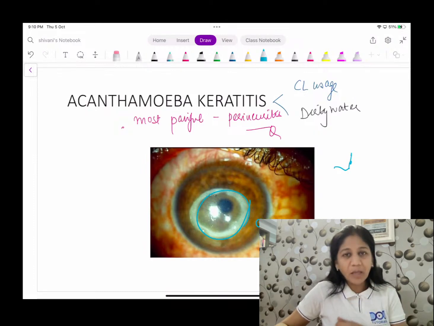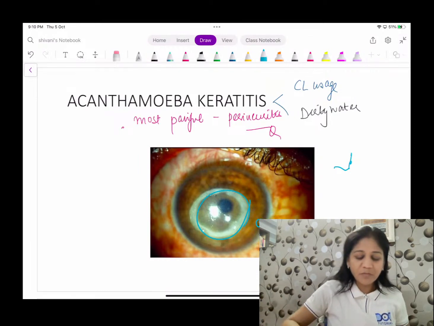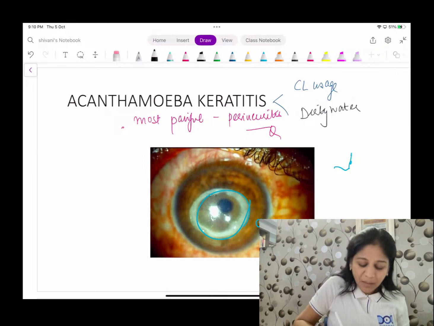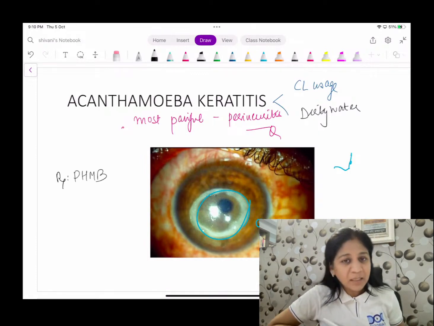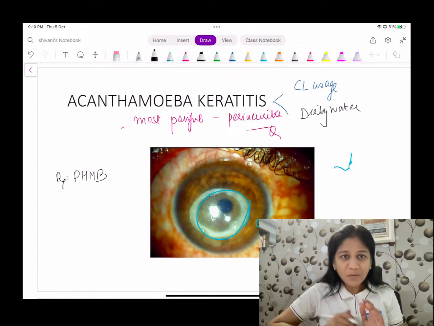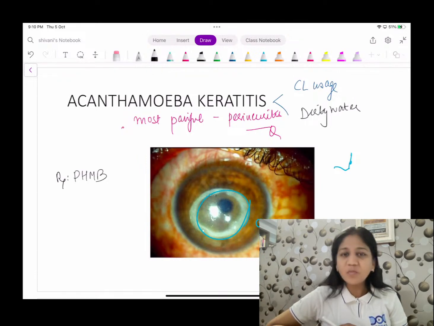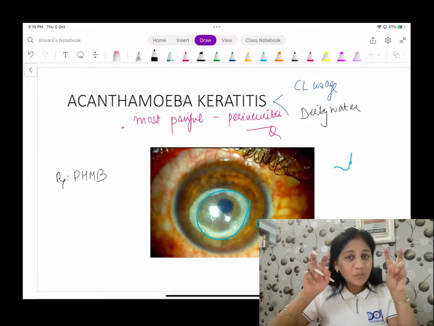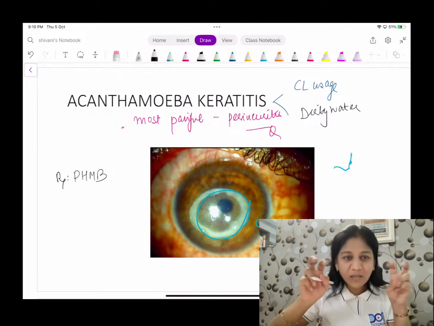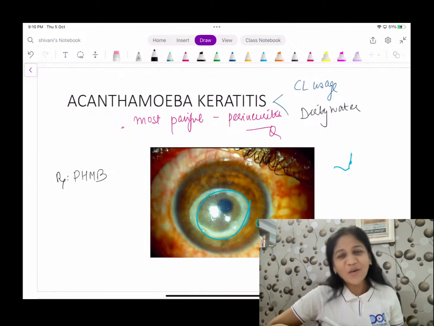That's why it's difficult to diagnose. Okay, next important thing is that the treatment is also different. Treatment is by PHMB. What is PHMB? Polyhexamethylene biguanide. So remember this much about Acanthamoeba ulcer. This is another very important topic. Most painful ulcer, contact lenses, dirty water. Okay, difficult to diagnose, difficult to treat.